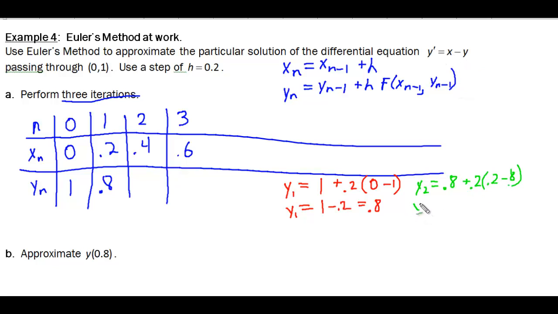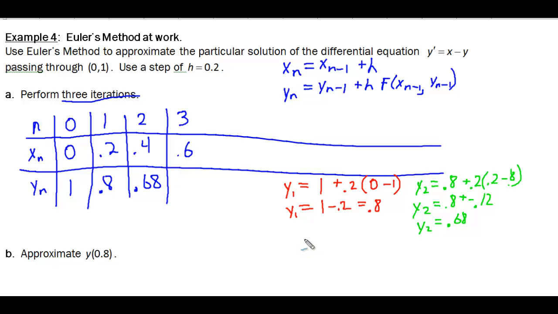And so we get y2 is 0.8 plus, this is negative 0.6 times 0.2 is negative 0.12. So y2 is 0.68.